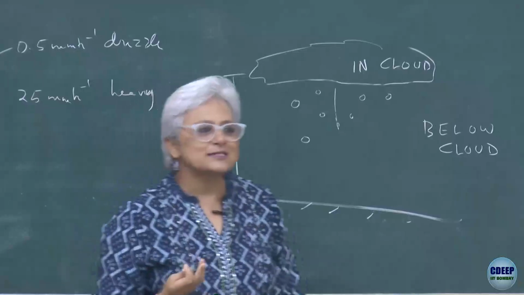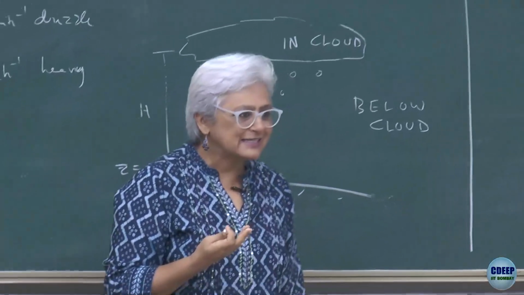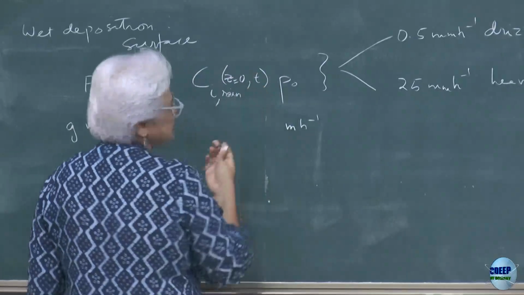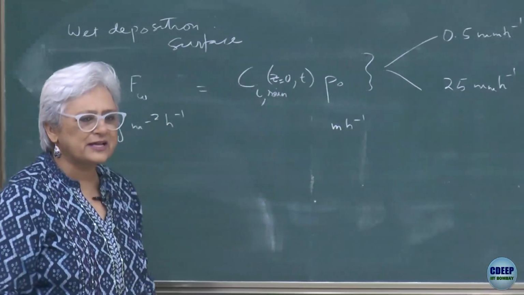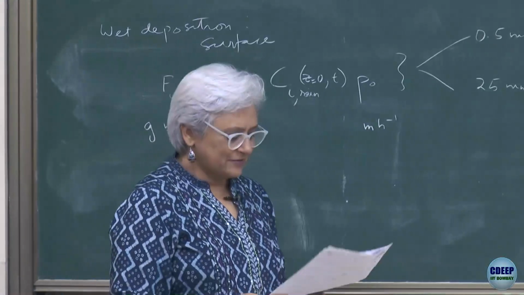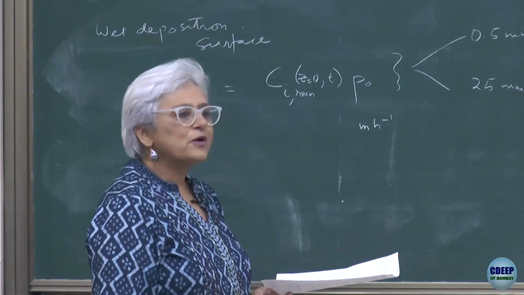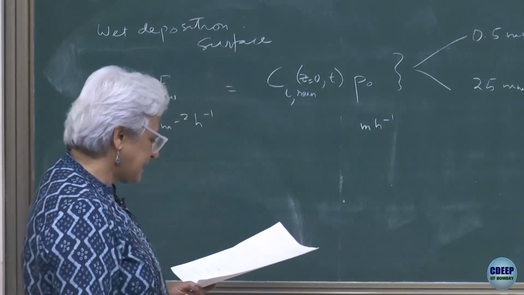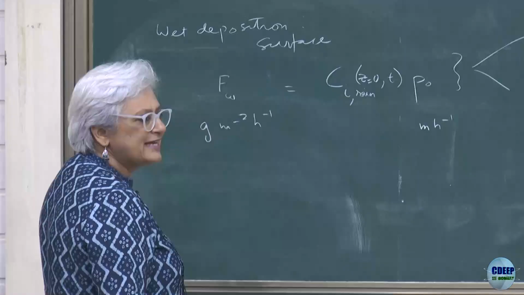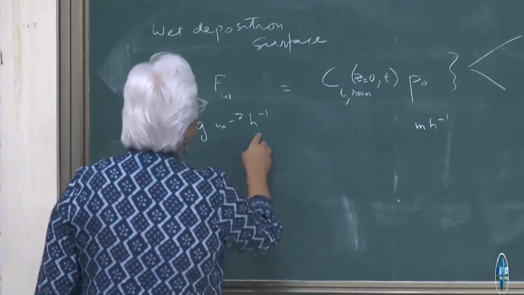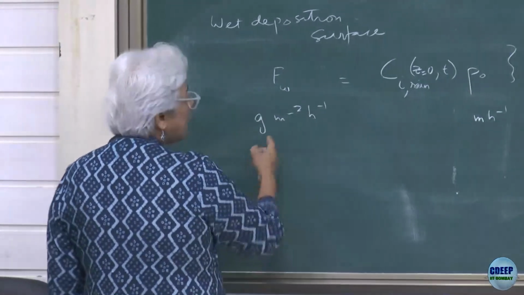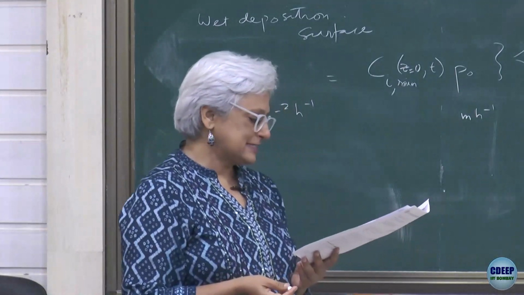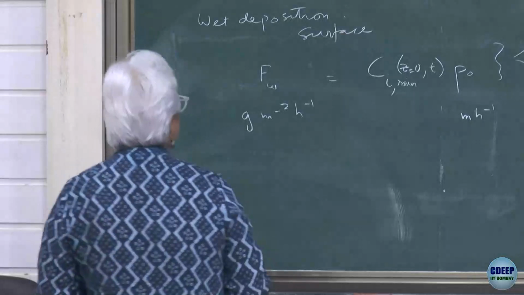And now it has a particular concentration in it, which is this concentration. I can do it as a function of time if I wish, or I can just say it's an average. So now we end up with a sort of dichotomy or a problem, right? This is a gram per meter square per hour. And how am I going to define deposition velocity based on wet deposition flux?